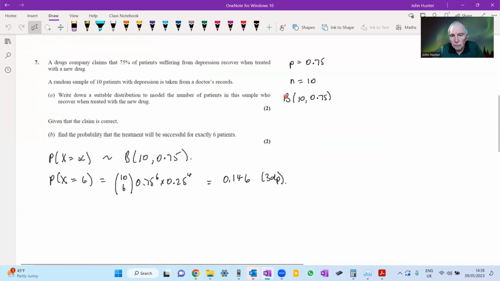Now we write down a suitable distribution. This is notation for binomial, and these are the parameters that we use with it. The first one is the number of trials, and the second one is the value of p, the probability. So that notation would be sufficient to answer that question.